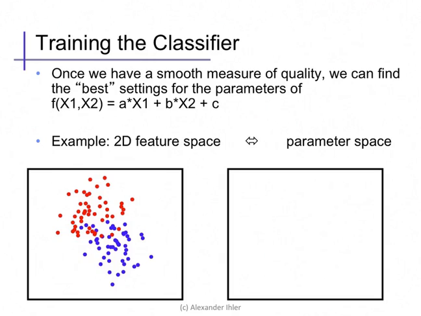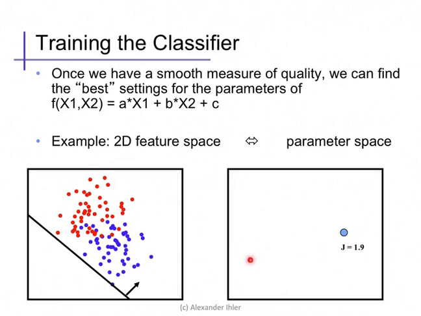So once we have our smooth loss function, choosing theta just becomes a simple optimization problem. Again, we can visualize this in both the feature space and in the parameter space. A point in the parameter space corresponds to a particular value of theta, which corresponds to a decision boundary. The loss function can be evaluated for that decision boundary and parameter values, producing a value over here.